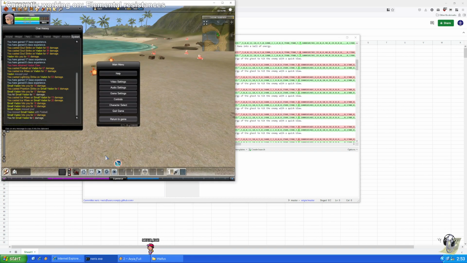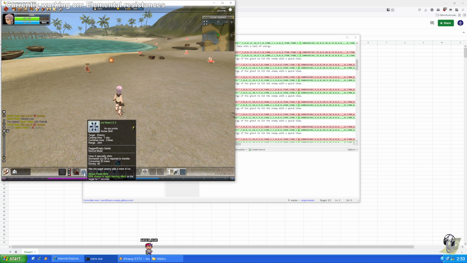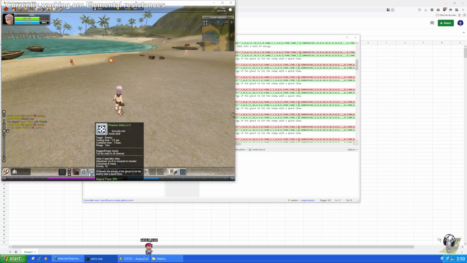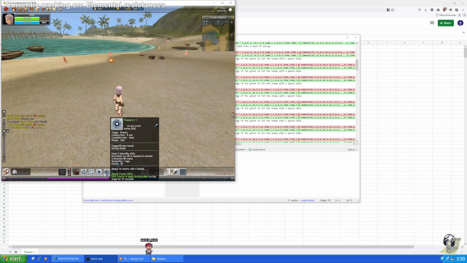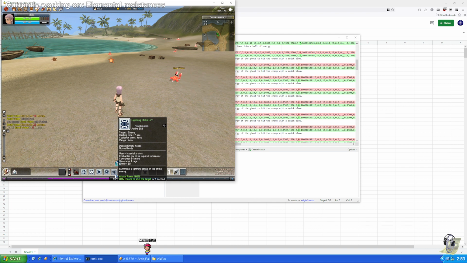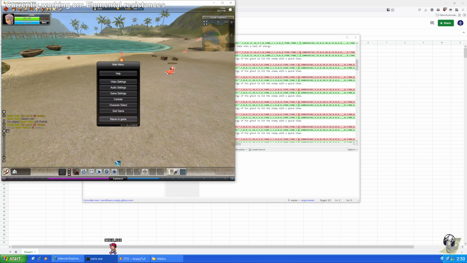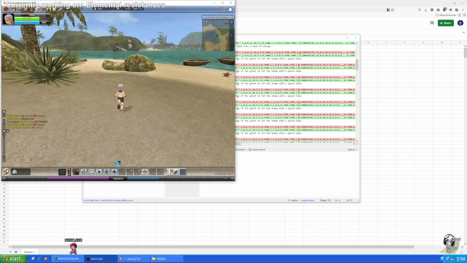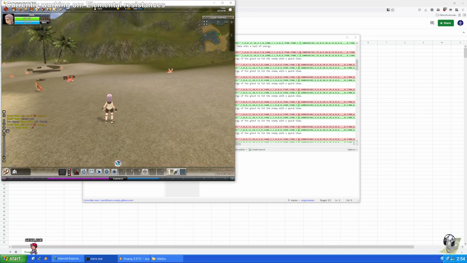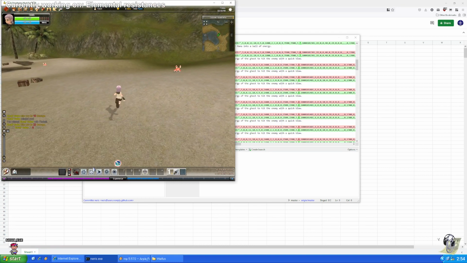How does it look right now, by the way? Yeah, it shows that ice wave is lightning. Doesn't show this one, doesn't show that one. Fireball is ice. This is something weird. Okay, I would have to change that upstream on the client side so it shows the correct icons.